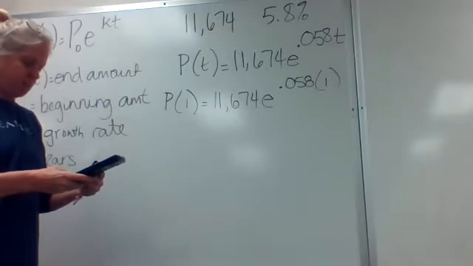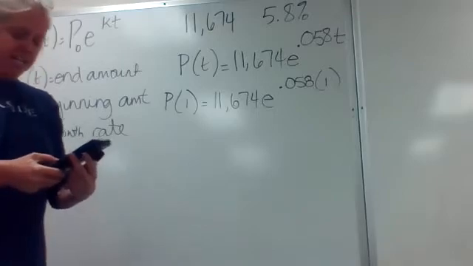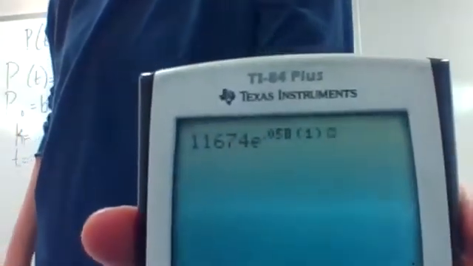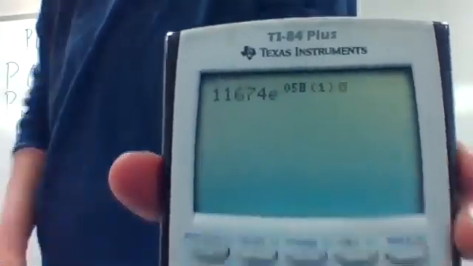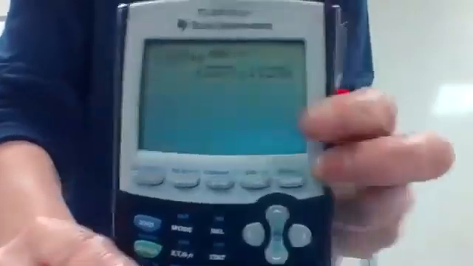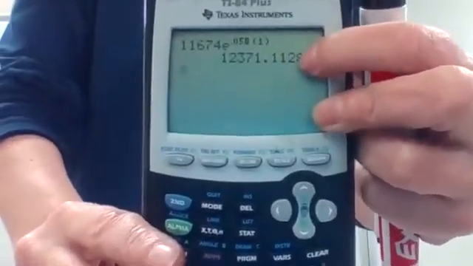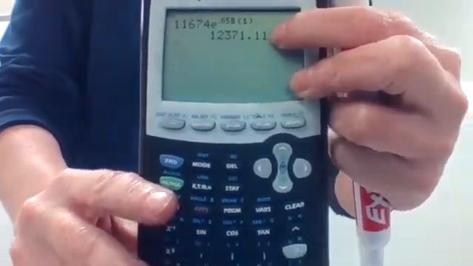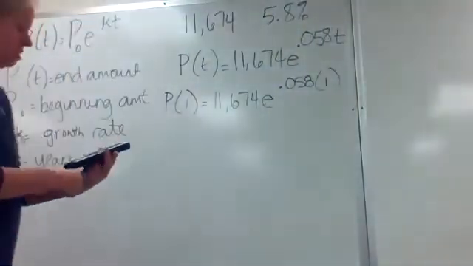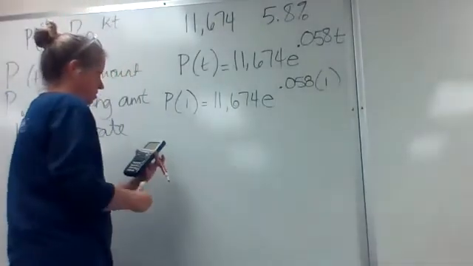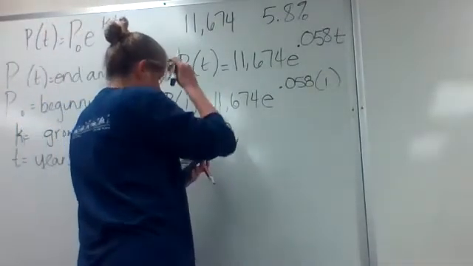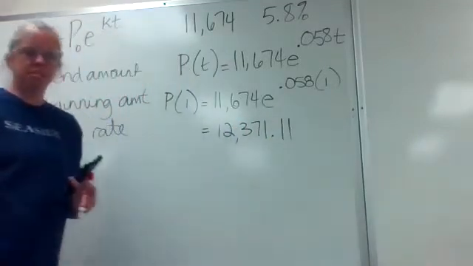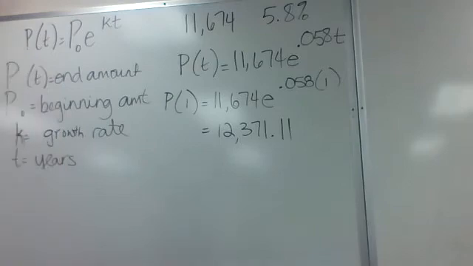Up in my exponent, I have 0.058, and then I'm just going to open, put in the 1, and close, just like it says on the board. Then hit enter and round it to 2 decimals. So after that 0.11 is a 2, so I just don't need to round up. So 12,371 and 11 cents after 1 year.